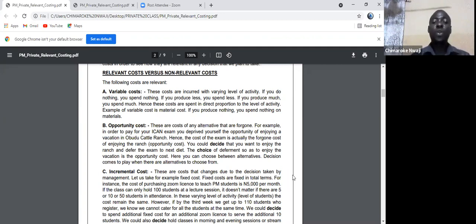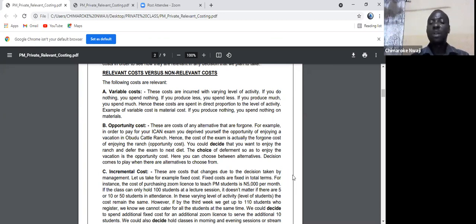You forgo the opportunity of going to enjoy yourself in vacation and you channel the money into your examination. So the cost of the examination is not actually the amount you spent buying the exam form, paying for lectures.